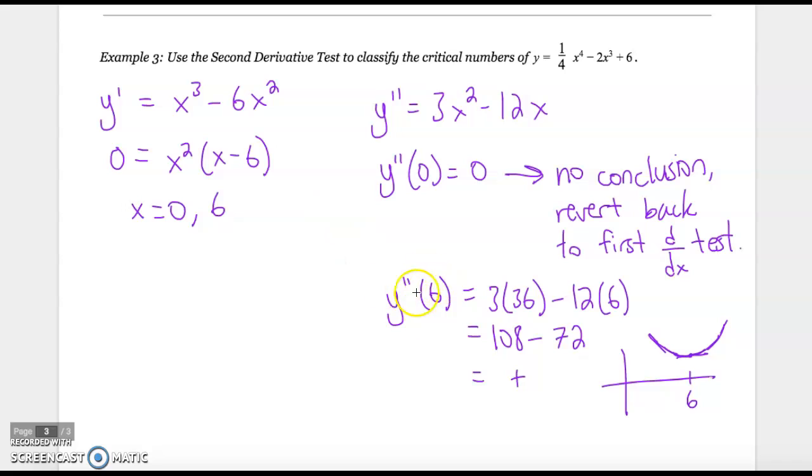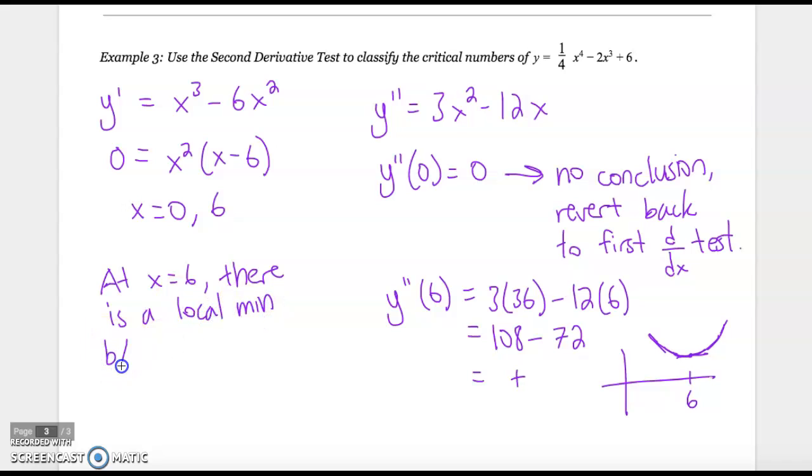I would have at 6 a minimum. So we would say at x equals 6, there is a local min.